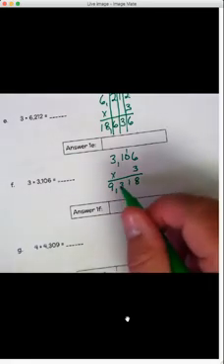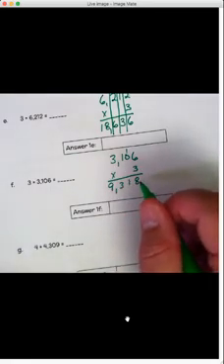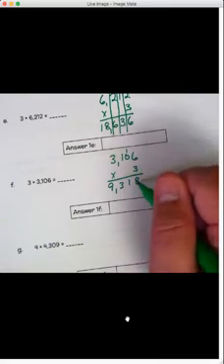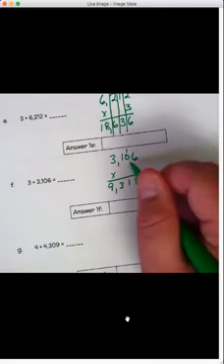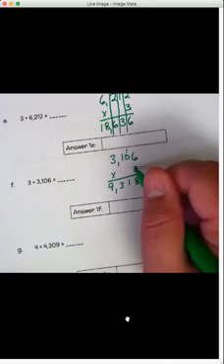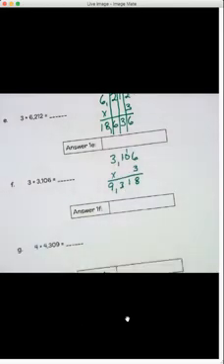The answer is 9,318. Let's see how we got it. 3 times 6 is 18. Put an 8 down. Carry our 1. 3 times 0 is 0. Plus 1 is 1. 3 times 1 is 3. 3 times 3 is 9. There we go.